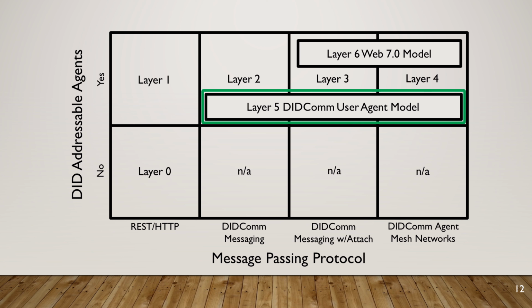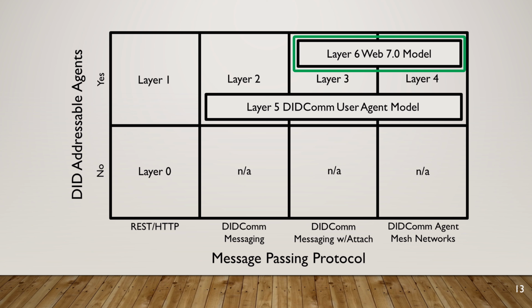Layer 5 illustrates the idea of specialization of a DIDComm agent. So a particular type of DIDComm agent is a DIDComm user agent. This is an agent that has a user interface, a user experience, an app, if you will, a DIDComm app that enables people and frogs on the outside of the network to be able to interact with each other, to be able to interact with the network.